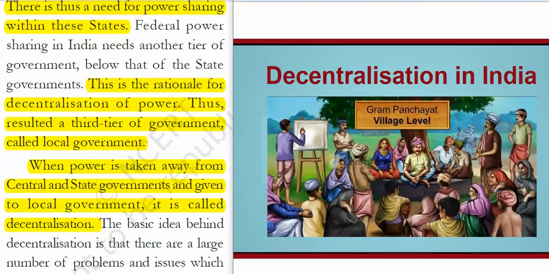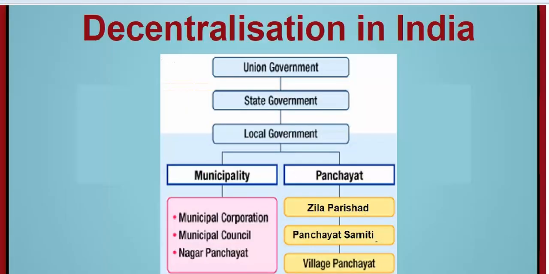When power is taken away from central and state governments and given to local government, it is called decentralization. Under decentralization, power in India is divided with various levels such as state government and local government.